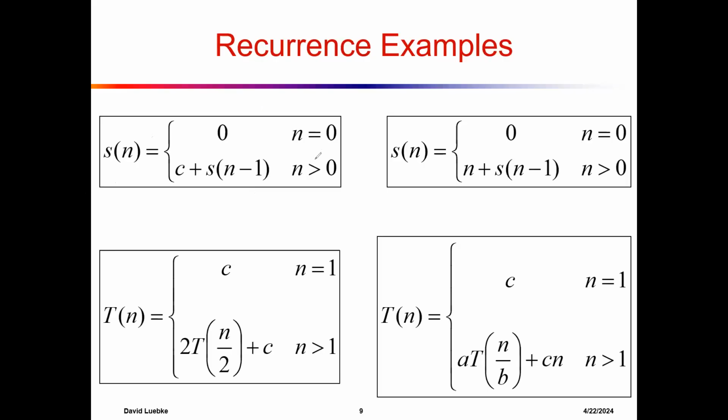But once n is greater than 0 and we have to add, it'll take a constant amount of time to add 1 number, and then we'll have n minus 1 numbers to add, because we add one number at a time, right? So if we add, let's say, 2 plus 4 plus 9 plus 16 plus 3 plus 8, how are we doing that?